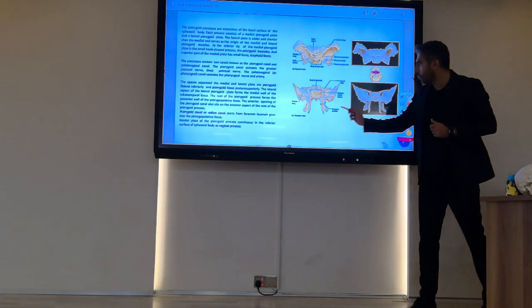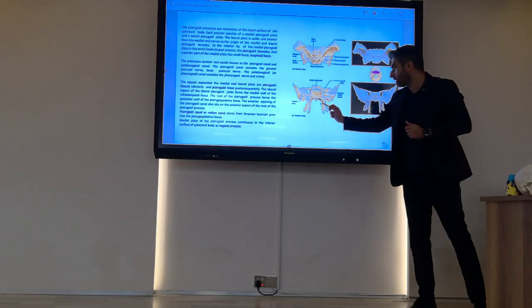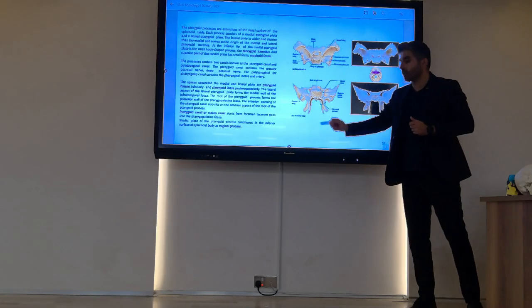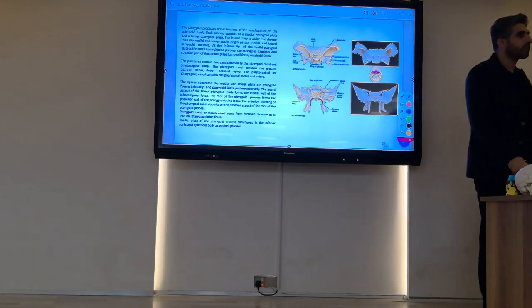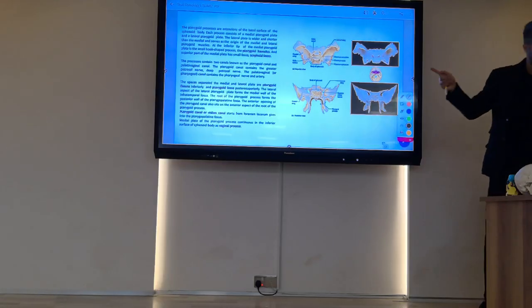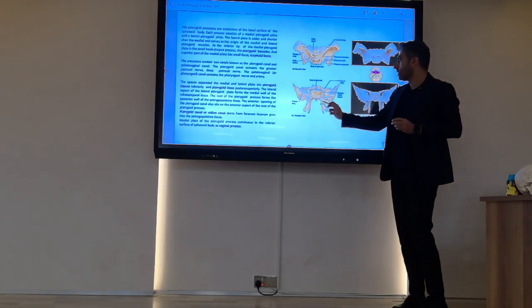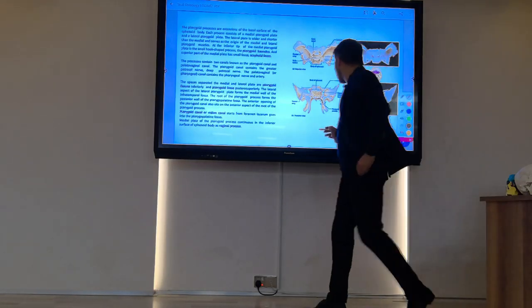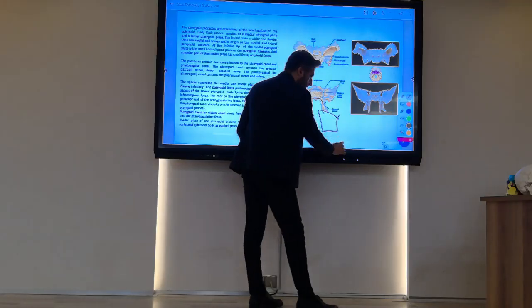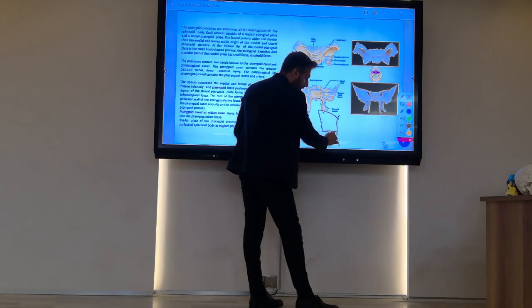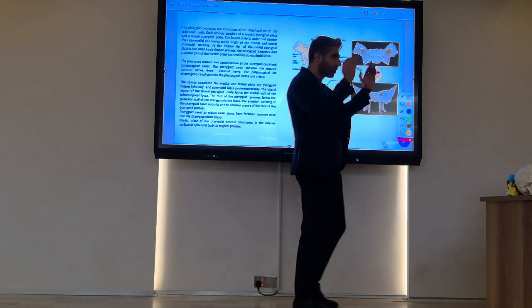And I told you the medial plate has a little turning in the inferior side of the body, and we call it the vaginal process. This part of the medial plate is the vaginal process. Look at this picture. It has this shape. When attached, it comes a little medial, and we say vaginal process, turning.